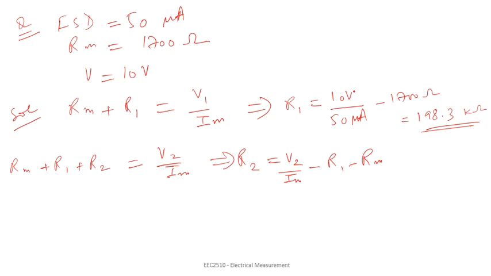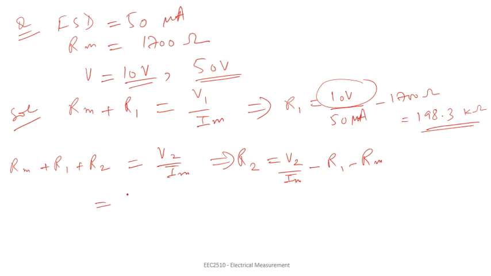In the first case we were given the voltmeter range to be 10 volt. Suppose in a second case in the same problem the voltmeter range is to be increased to 50 volt. That is why we have represented it here as V1. V1 means this first case, that is 10 volt, and V2 means the range is increased to some other value, it can be 50, it can be 100. Let us suppose it is 50 now, so it will be V2 over Im minus R1 minus Rm.